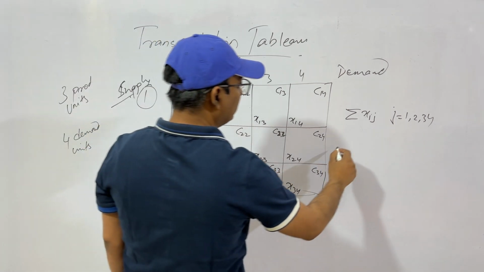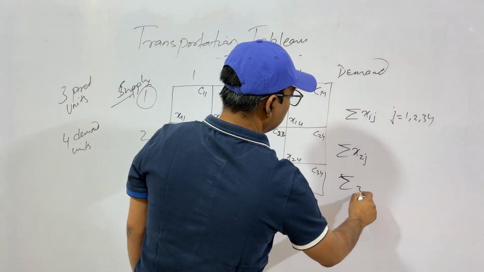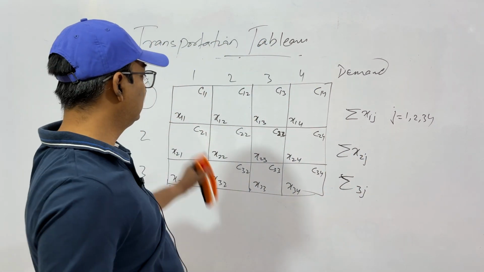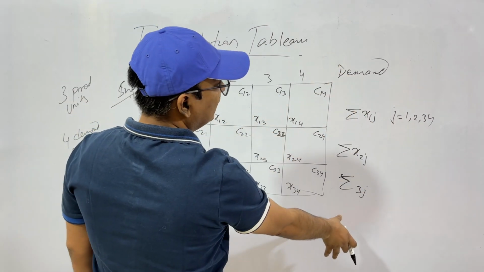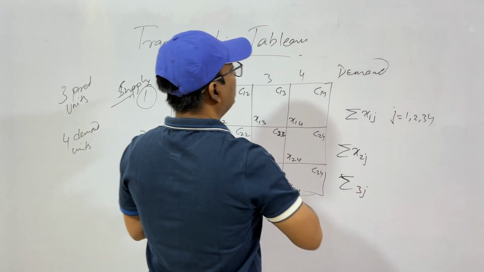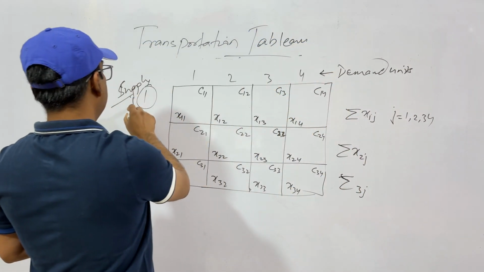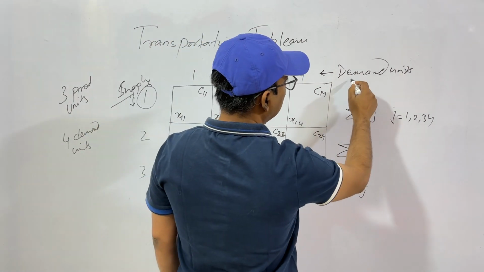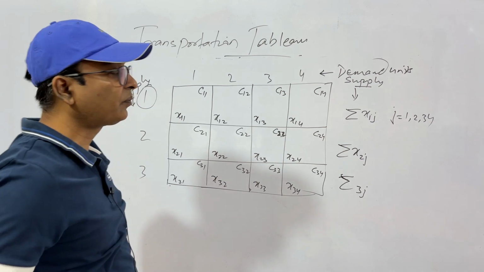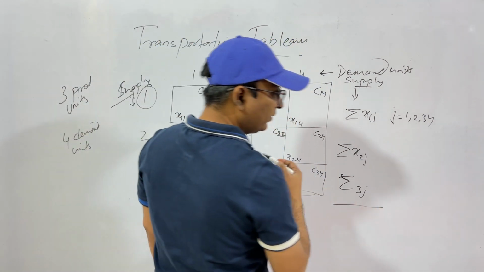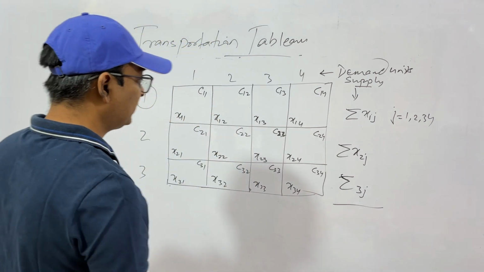Similarly, here you write the summation of x2j, and here x3j. So when you see this side, these are the demand units and these are the supply units. If you add them all, there we had 3700 for that particular example.